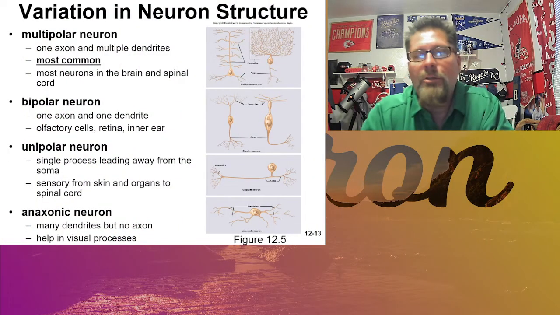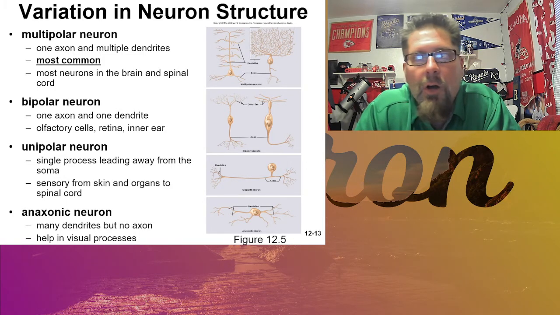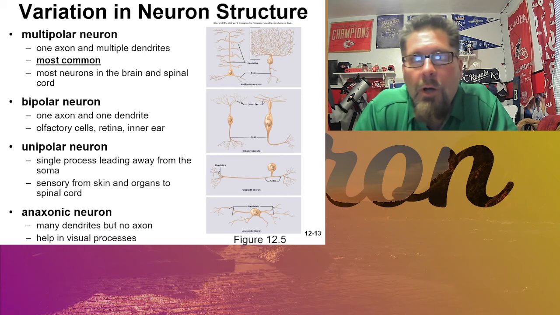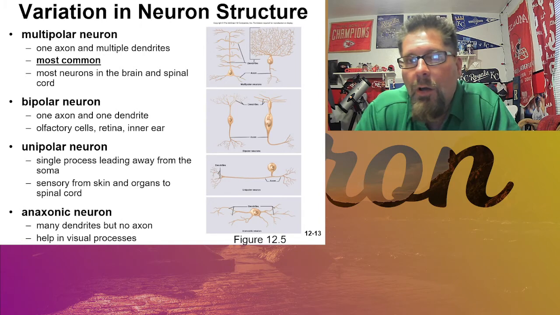As I mentioned earlier, these are the four main types of neurons, and depending on what the situation is, depends on which one it needs. But you can see the multipolar neuron. The polar refers to the fact that the soma is in the middle, and so there's two poles, there's two ends, and so you've got your multi, your bi, and your uni, and the prefix refers to how many dendrites there are.